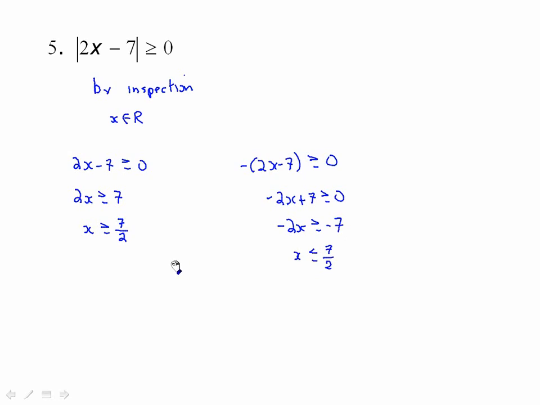Greater than or equal to 7 halves, that's everything 3.5 and higher, and then everything 3.5 and below. So again, x will be anything. It does check. And the check could be done graphically, or in a case like this, by inspection, or pick a number. But you can see, you take the absolute value of any number, negative or positive, guaranteed to be greater than or equal to 0.